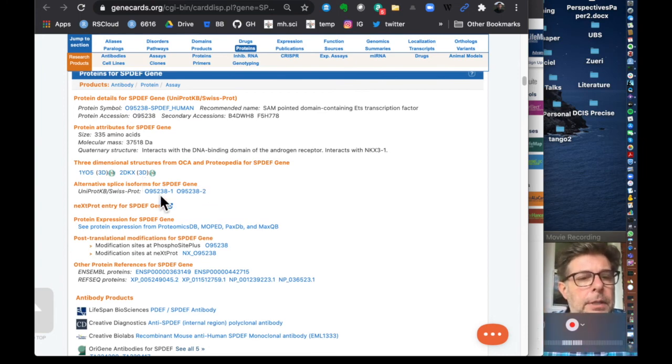Another database, or databases, UniProt and SwissProt. These databases, which we'll see later on, are pan-organism, so across the tree of life, not just human. But they only focus on protein-level information. The mandate of SwissProt is across all organisms. This is just human. But the other thing is that SwissProt is only focused on protein.